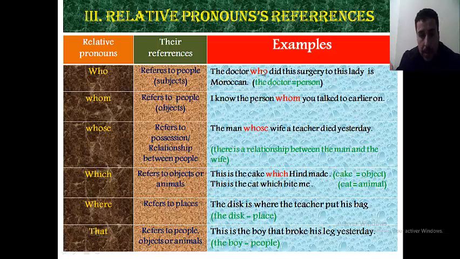But imagine we said the doctor did this surgery to this lady and removed this who, it won't have meaning for this sentence, it will be grammatically false.